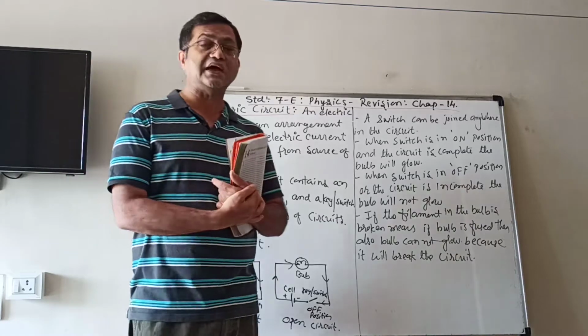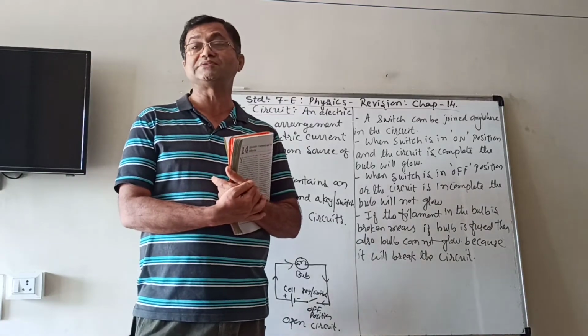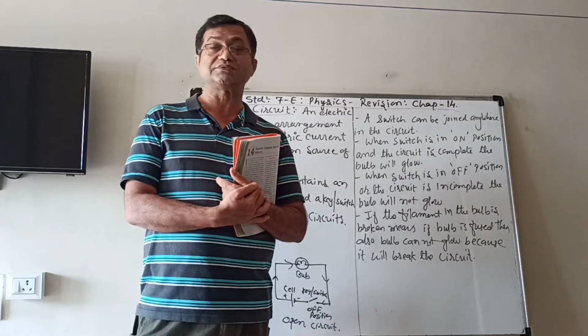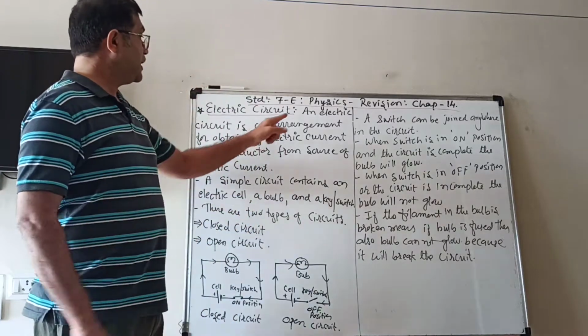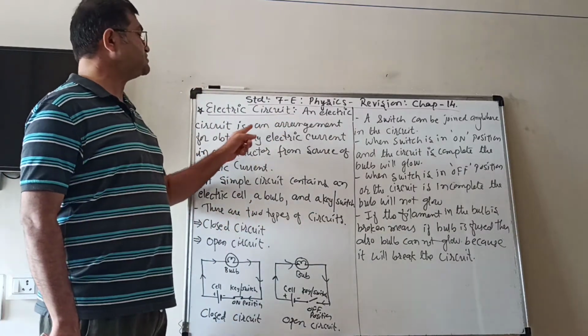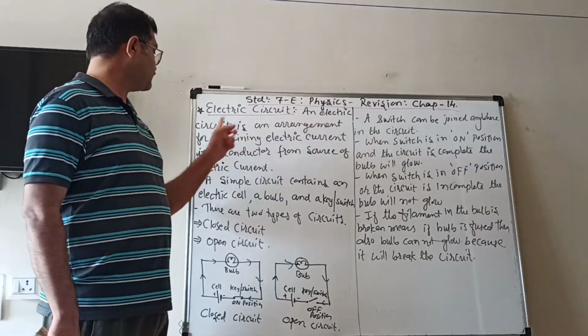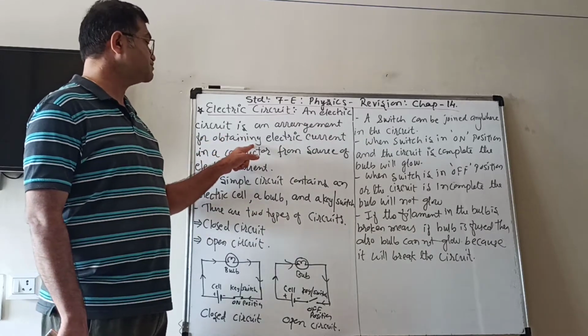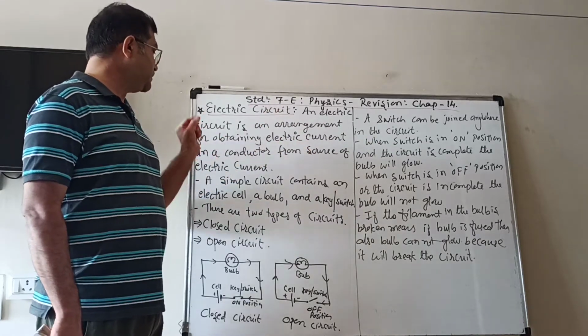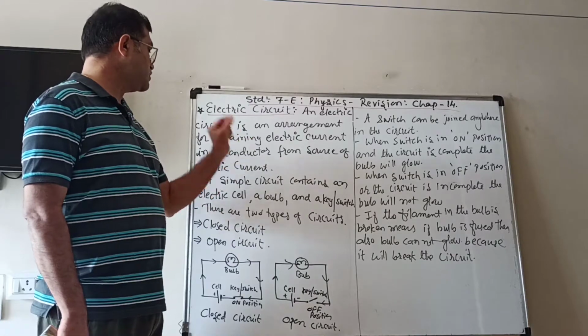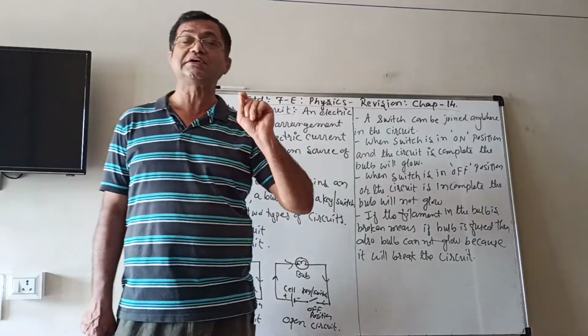And that arrangement is known as electric circuit. An electric circuit is an arrangement for obtaining electric current in a conductor from source of electric current.